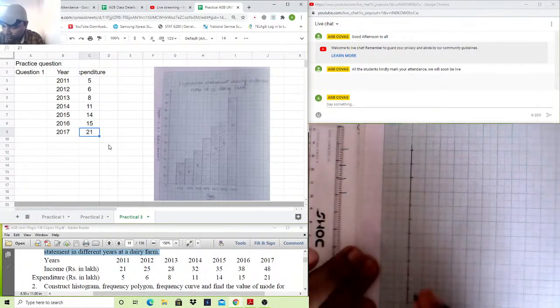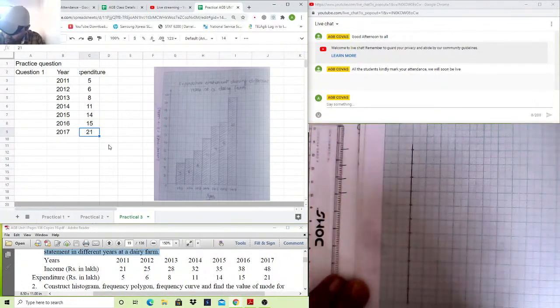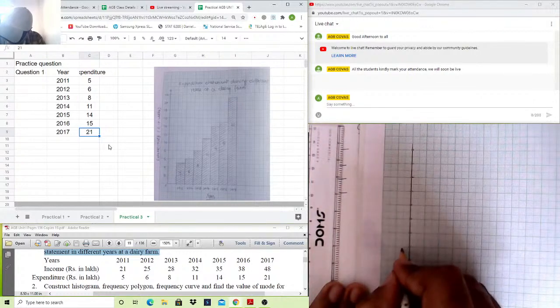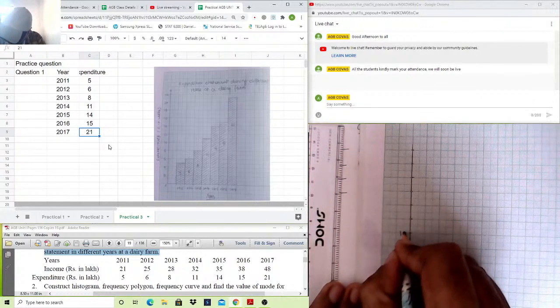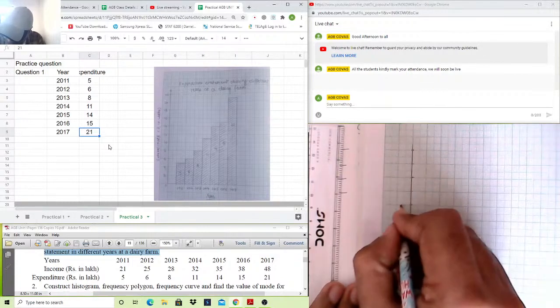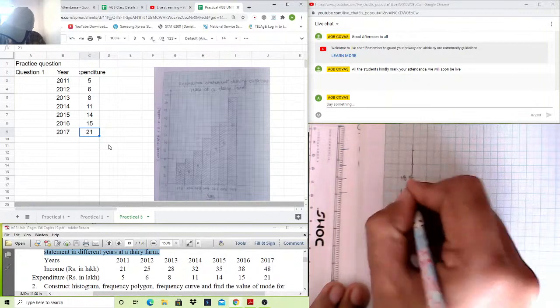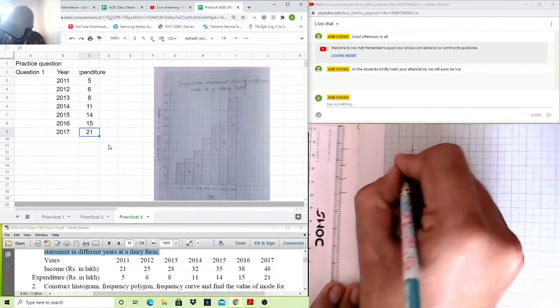And this constitutes the y-axis. So from here it is 0, and this is 2, 4, 6, 8, 10, 12, 14, 18, 20.